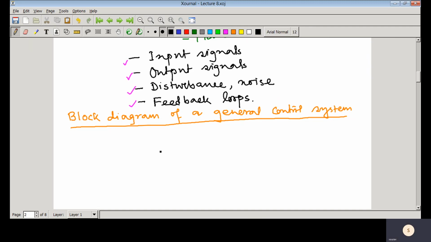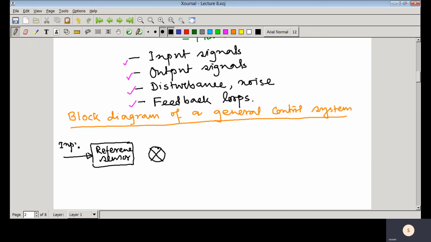So we have the comparator. So this is the comparator. Normally we represent it like this. Here you have the reference sensor. It is just like a filter.